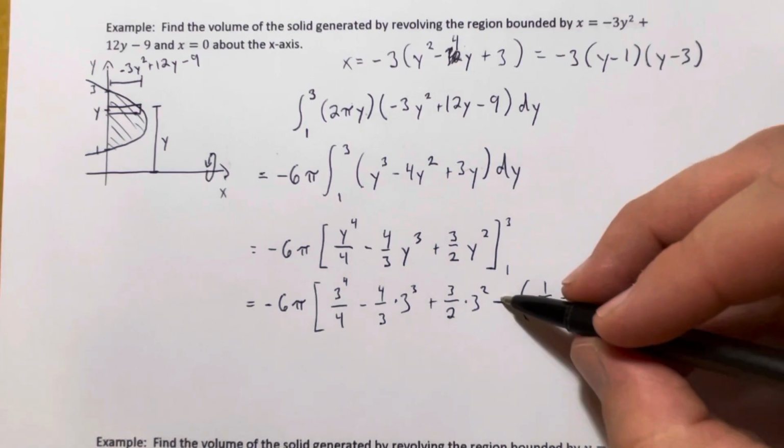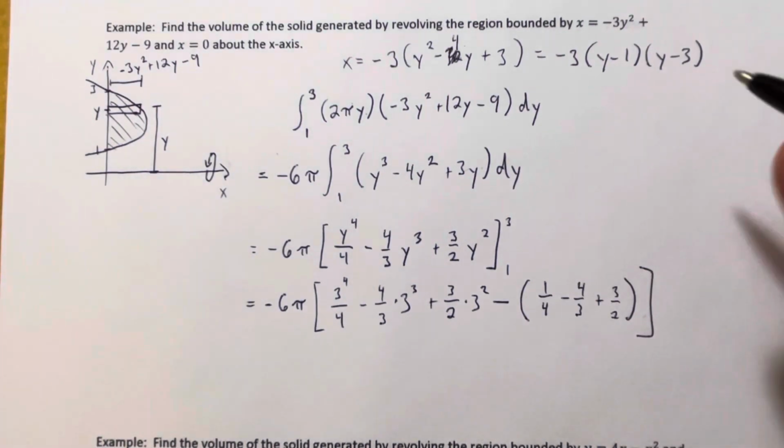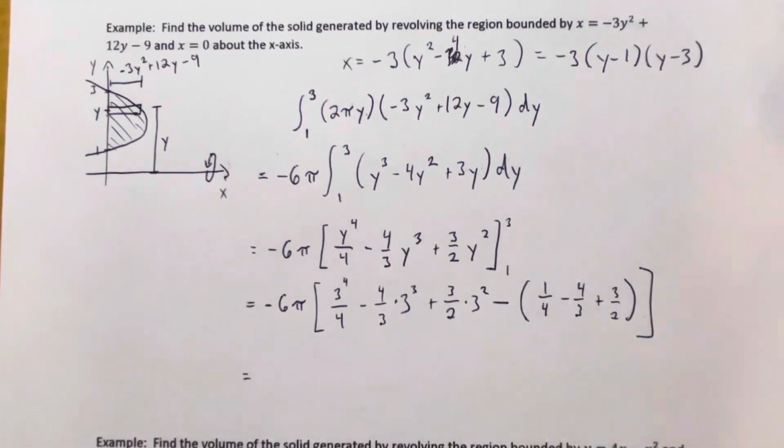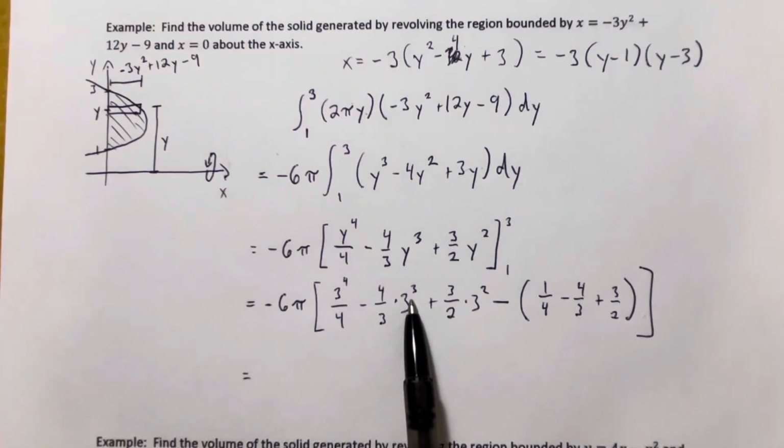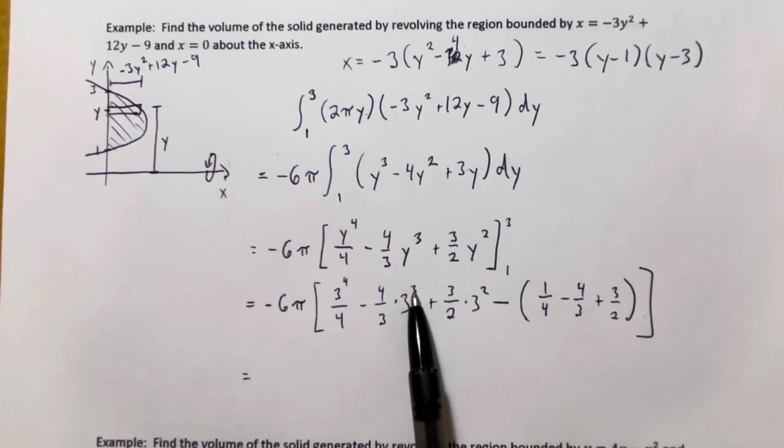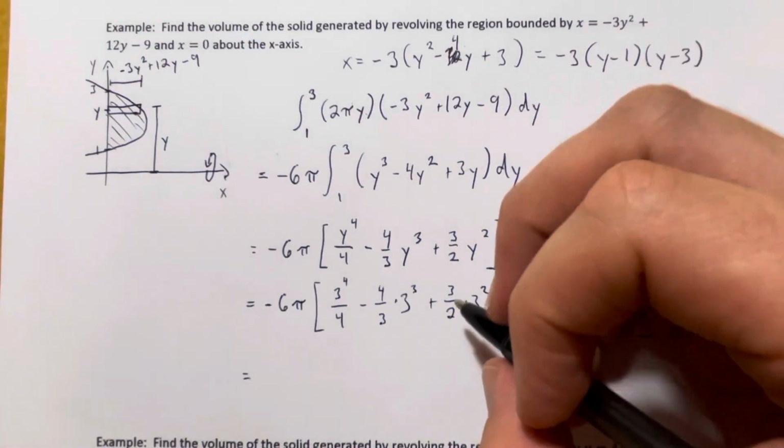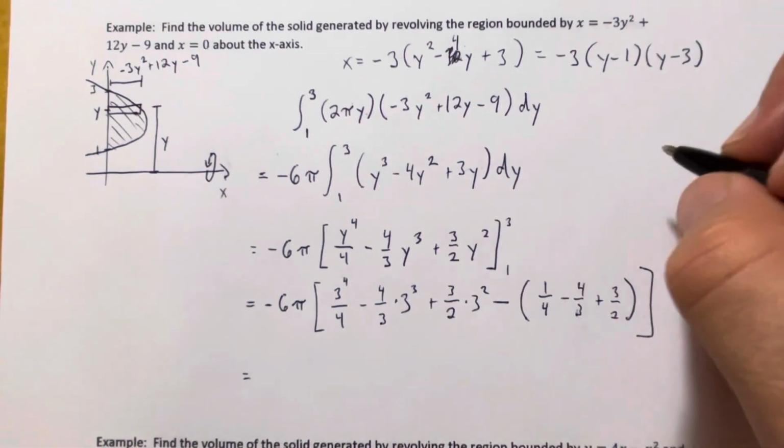Put that in parentheses to remember that your minus should distribute. I'm going to go straight to an answer here, but I want to point something out. You notice that I left this in terms of 3 cubed and 3 squared and stuff like that. The reason I'm doing that is because it makes it a little bit more apparent how to cancel things quickly.